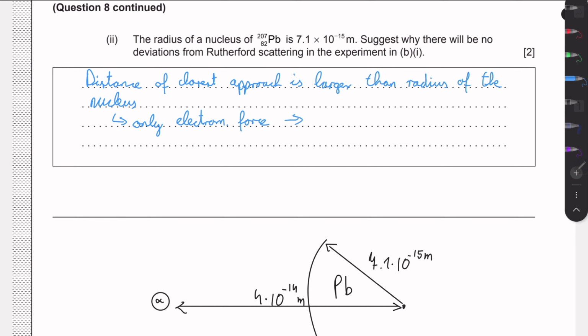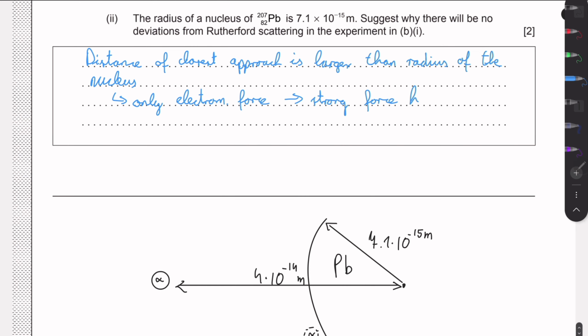The strong nuclear force only has a very small range, so it will not affect the path of the alpha particle.